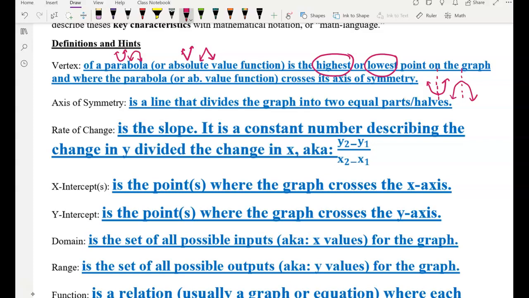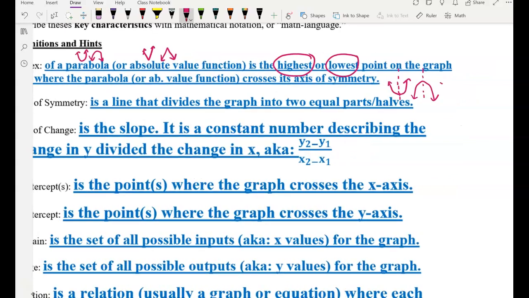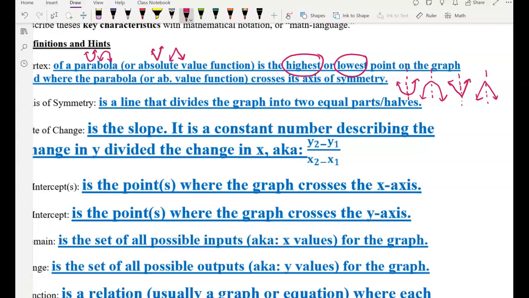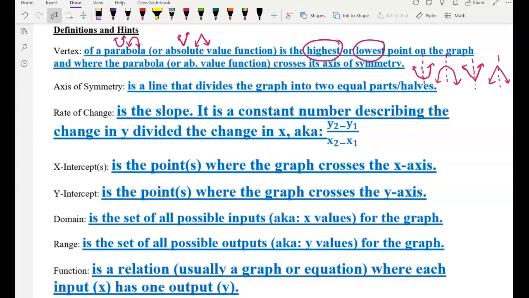If we were to have an absolute value function, there's a line that also bisects it directly in the middle, so that means the left and the right would be exactly the same. So axis of symmetry is a line that divides the graph into two equal parts or two halves.